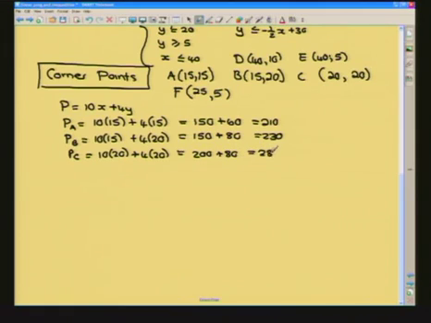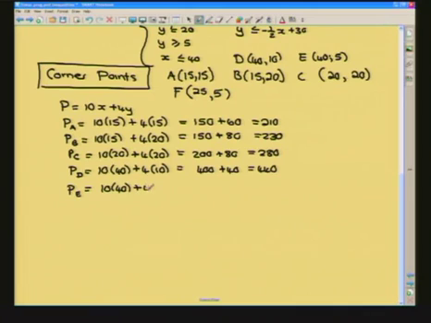Our C value is 20, 20, so it's 10 times 20 plus 4 times 20, which is going to be 200 plus 80, which is 280. Then the P at D is going to be 10 times 40 plus 4 times 10, which is going to be 400 plus 40, which is 440. Now you can see that's much better than these options so far. Right, the P at E is going to be 10 times 40 plus 4 times 5, which is going to be 400 plus 20, which is 420.